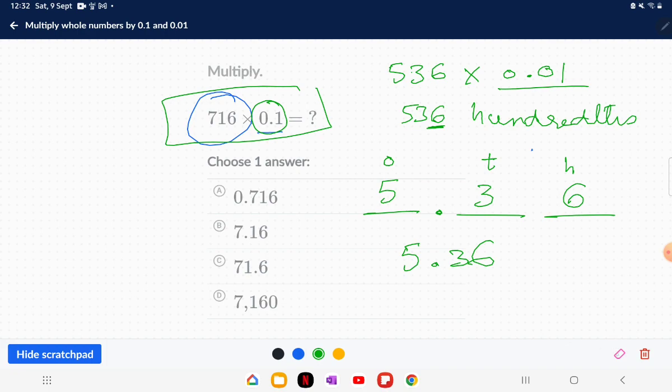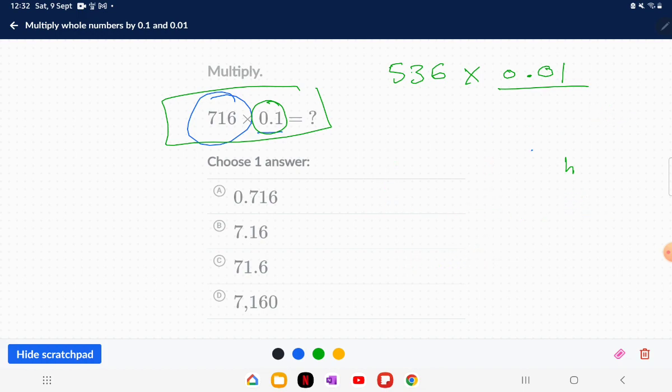Another way is to convert the decimal into a fraction. Let's quickly do that as well. So 536 multiplied by 0.01 can be written as 536 multiplied by 1 over 100. This is how you write a hundredth as a fraction, right?